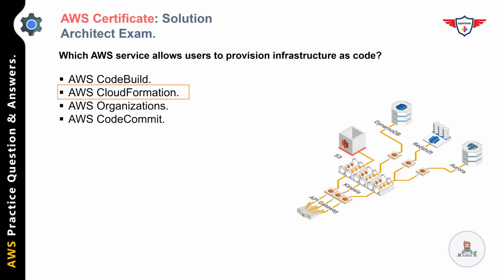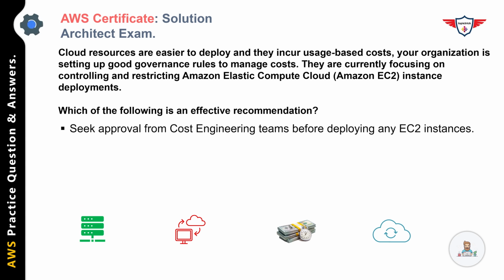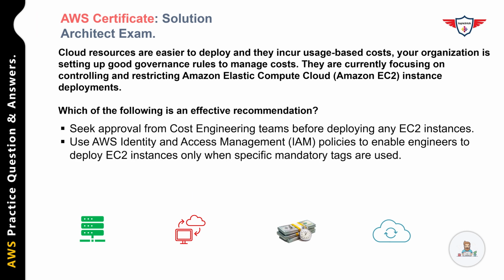As you know, cloud resources are easier to deploy and they are generally charged based on usage. Your organization is trying to set up good governance rules to manage the cost of usage. They are currently focusing on controlling and restricting Amazon EC2 instance deployment. Which of the following is an effective recommendation from your side?